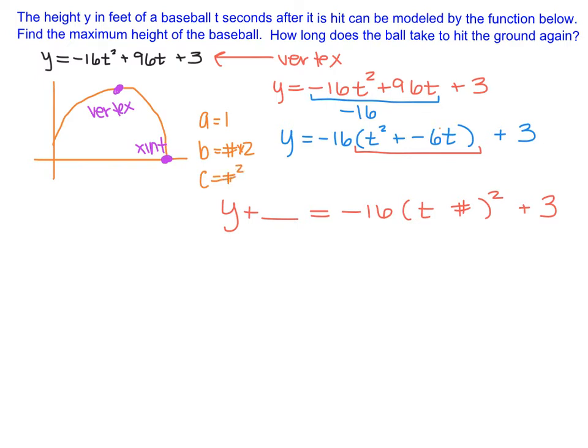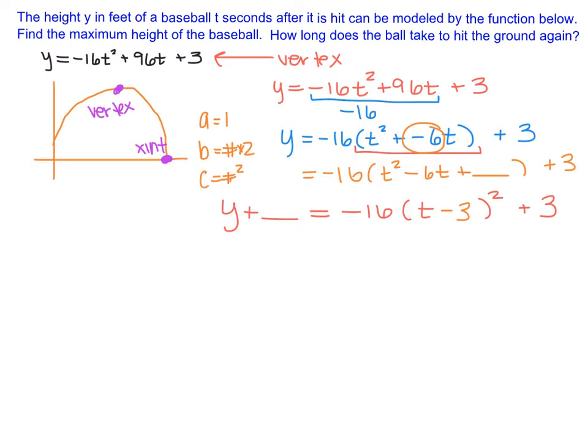Now if I look here at my b value, I can see my b value is a negative 6. So if I want to figure out what times 2 gives me negative 6, I take negative 6 and divide it by 2. Negative 6 divided by 2 is a negative 3. So my number is negative 3. So what's happening here is I have t squared, and then I have that minus 6t, and I'm adding in some number here, and I've still got that 3 on the outside.